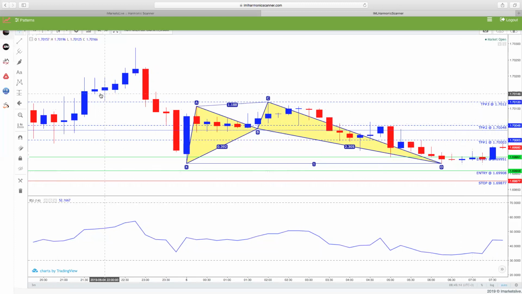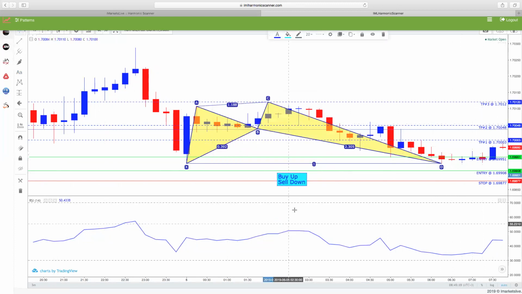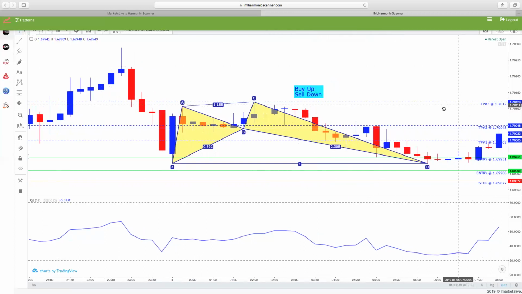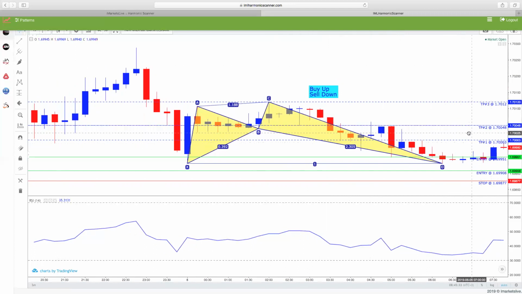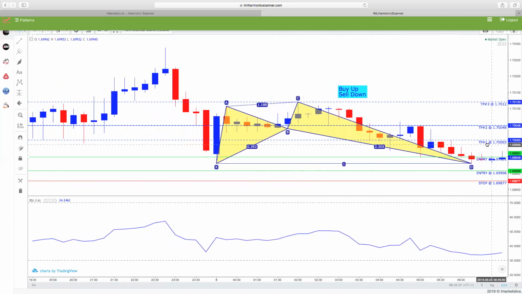Let me write that out because I'm super visual, so hopefully this helps. The concept of buy up and sell down. The letters TP stand for take profit. That's where you want to take your profit from. And entry means entry.